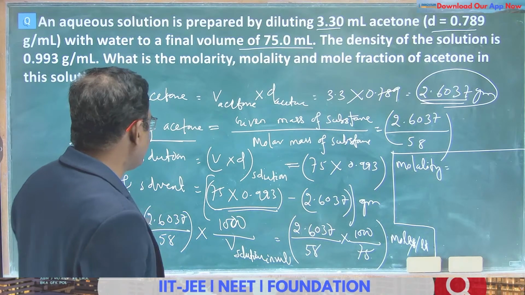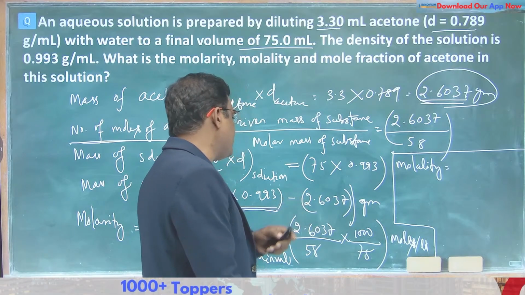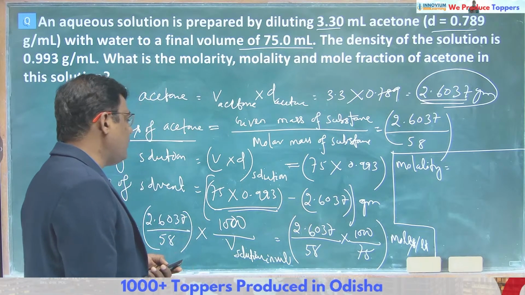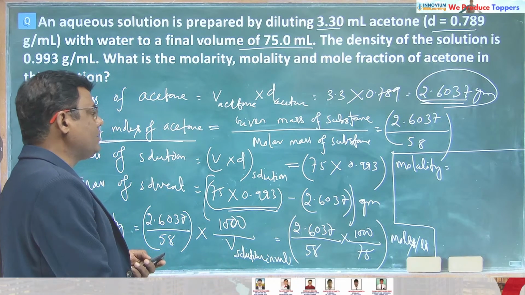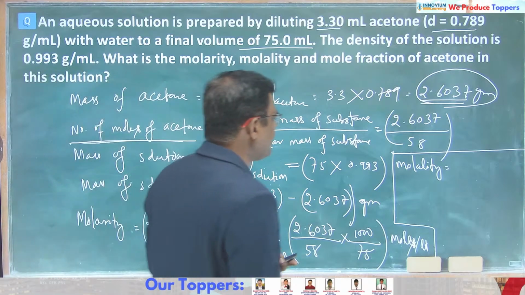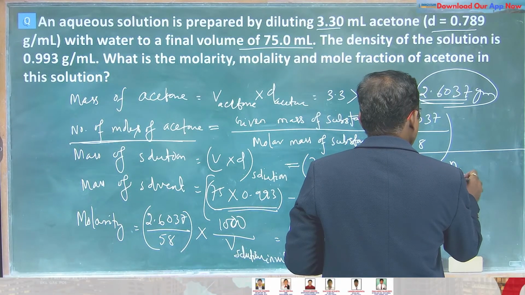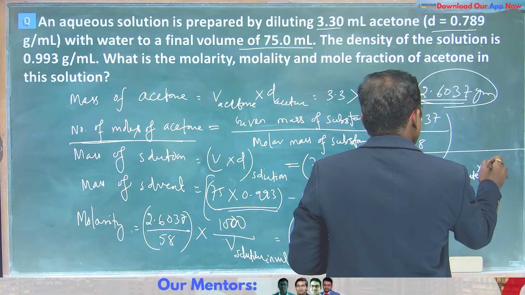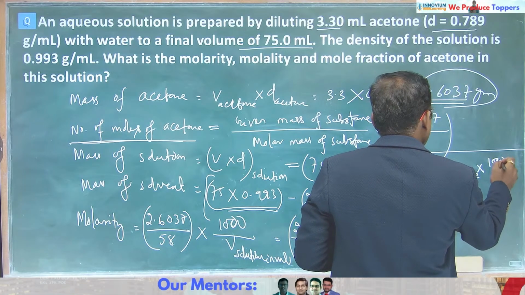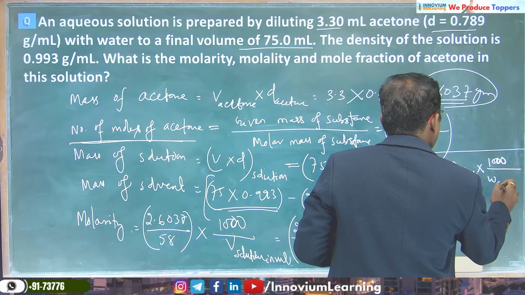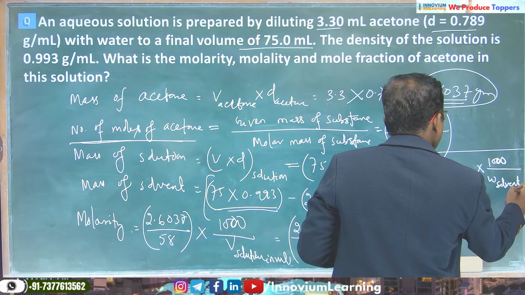So what is the mass of solvent? This is the mass of solvent in gram. If the mass of solvent is given in gram, then what is the expression? That we have already discussed. Number of moles of solute multiplied with 1000 by W solvent in gram.